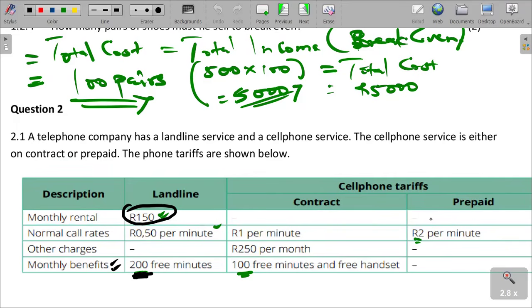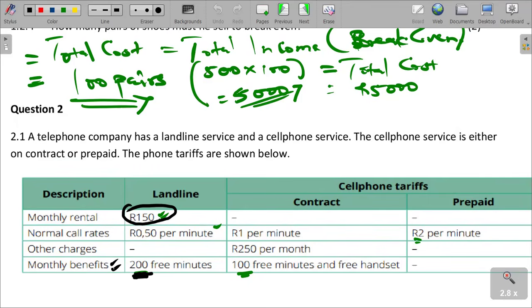It is 2 rand multiplied by the number of minutes used, because we are told that it is 2 rand per minute prepaid.